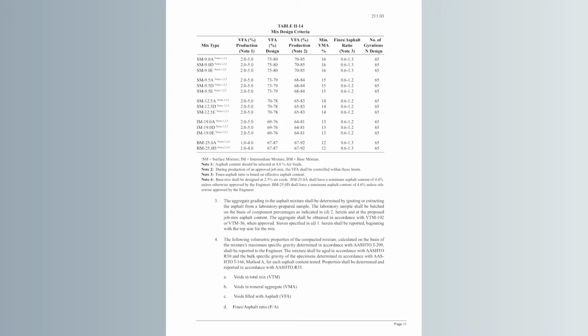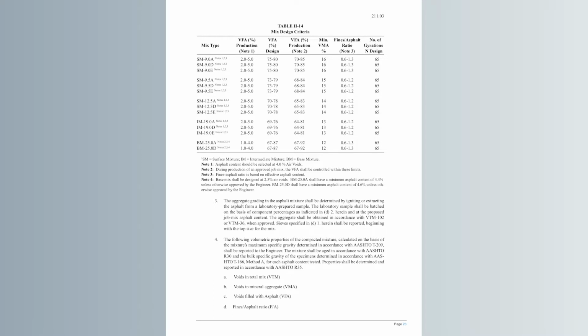It gives us our minimum VMA, our fines to asphalt ratio, and our number of gyrations per mix. Table 2-13 and Table 2-14 are different between what's printed in your book and what's in your supplemental specification. So when you're doing your designs, you would always want to look at the most recent type of specification, which would be your supplemental and/or your special provision.